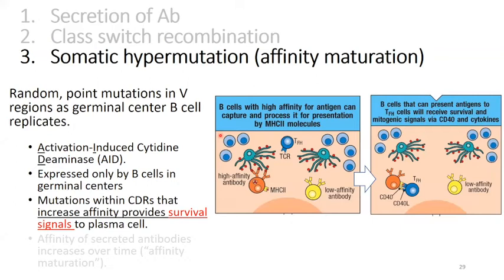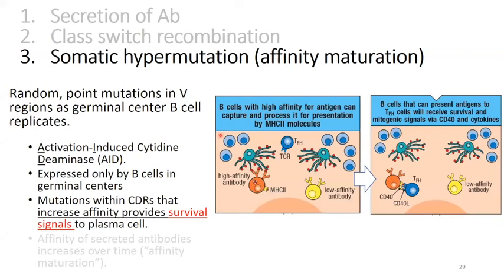And what that does is it generates a variety of different, say you have one clone of antibodies, but there can be all sorts of different variations of that particular antigen receptor, that antibody. Some will have mutations that make it lower affinity, and some will have mutations that make it higher affinity.